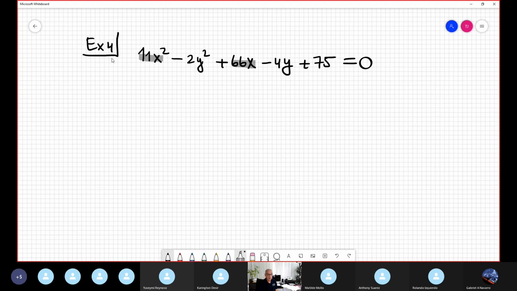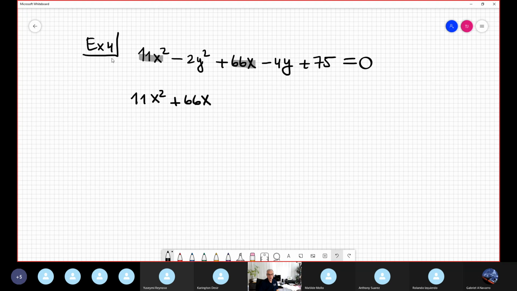You copy 11x² plus 66x. I need to do something to complete the square in the x part. But before that, I factor out 11, so I need coefficients of 1.